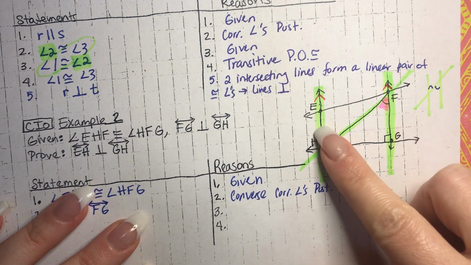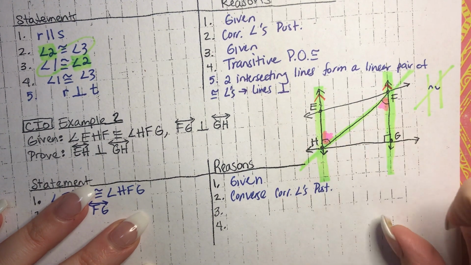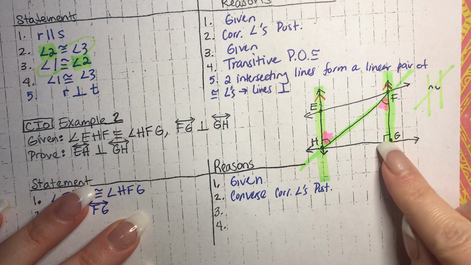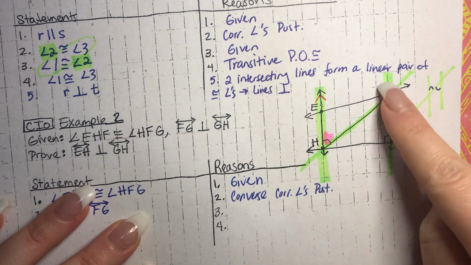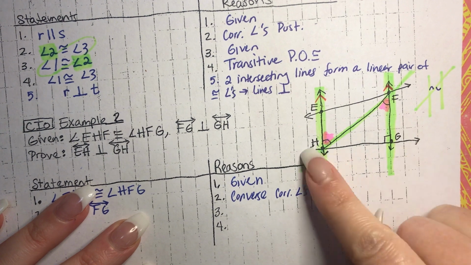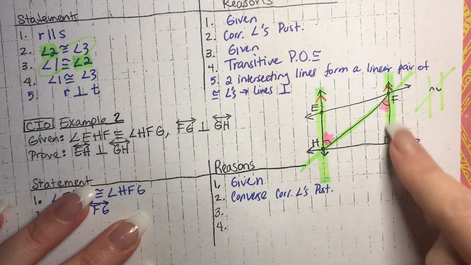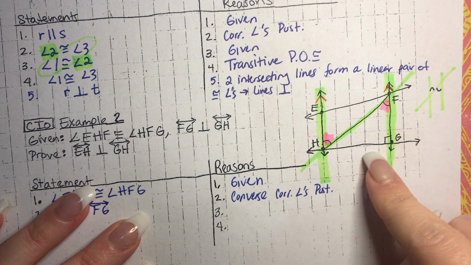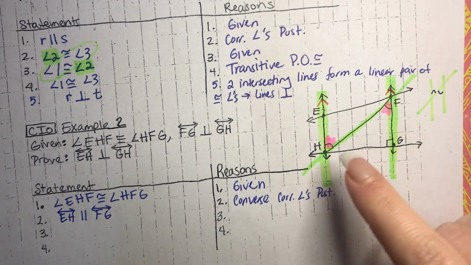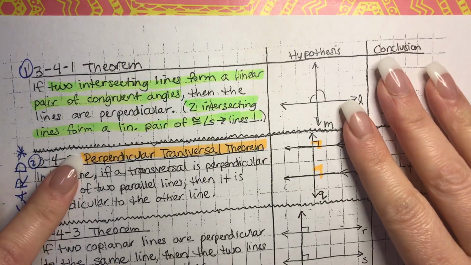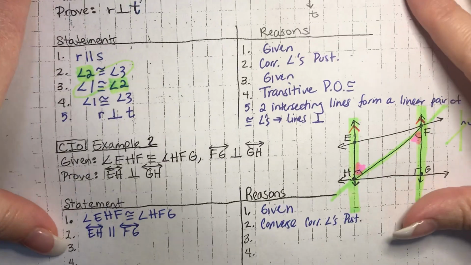Because we proved that these two lines are parallel, and then FG is perpendicular, and this is the transversal HG. So because HG is perpendicular to this parallel line, HG must be perpendicular to this line as well by the perpendicular transversals theorem. So boom, there we have it.